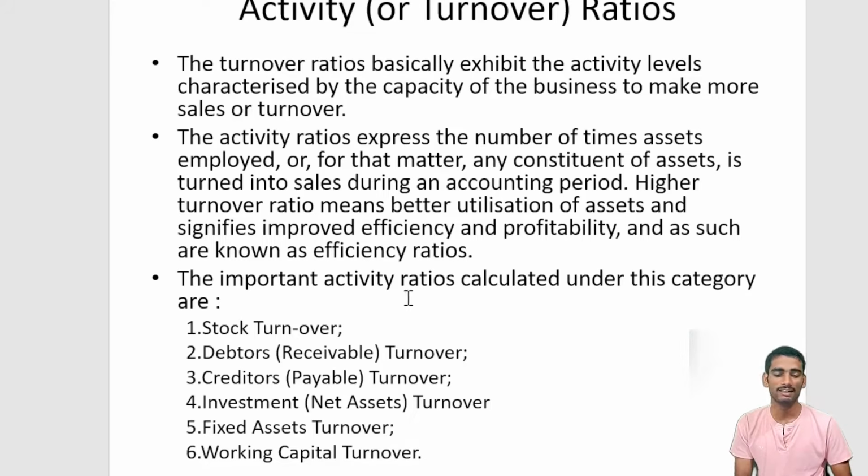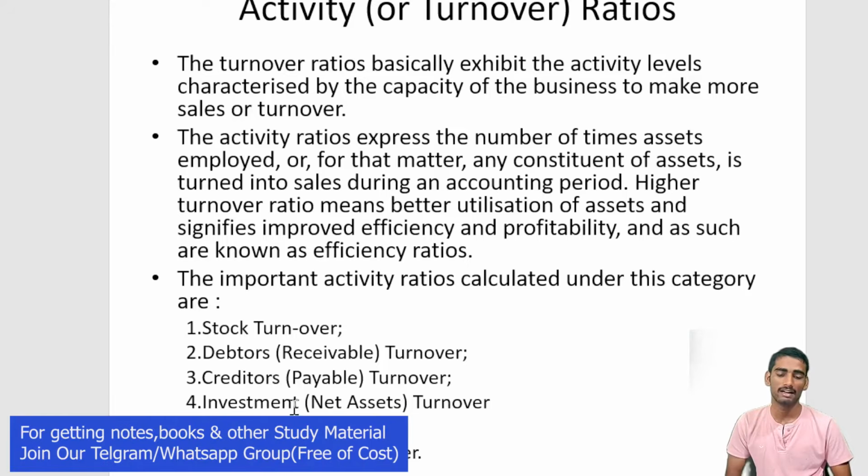Now, the important activity ratios calculated under this category are the stock turnover ratio, debtor or receivable turnover, creditor or payable turnover, investment turnover, fixed asset turnover and working capital turnover.